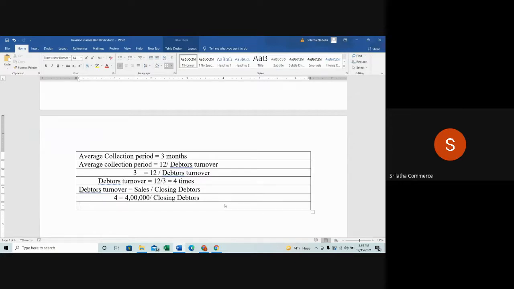So closing debtors is equal to 4 lakhs divided by 4, which is equal to 1 lakh. Closing debtors is equal to 1 lakh. Anyone having any doubt? Please respond. No, ma'am.